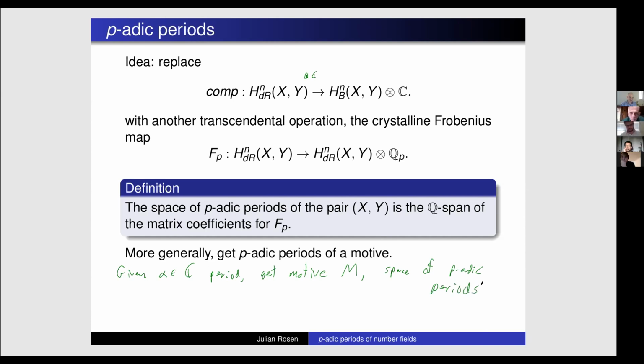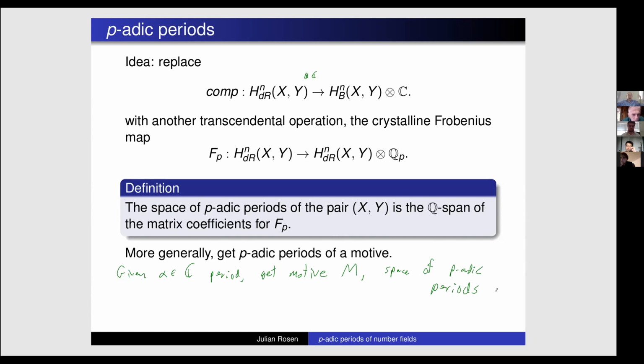Okay, so this is a little bit strange in that I'm not exactly answering the motivating question. This recipe associates with any complex period a finite dimensional vector space of p-adic periods. And in general, there's no way to say, oh, this one particular p-adic number is the p-adic analog of your period.